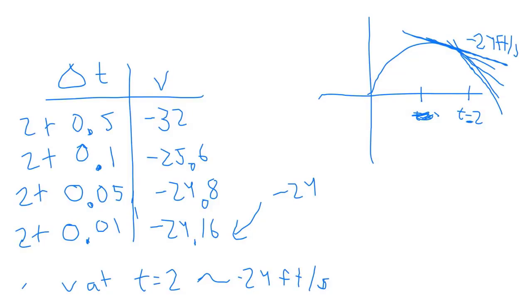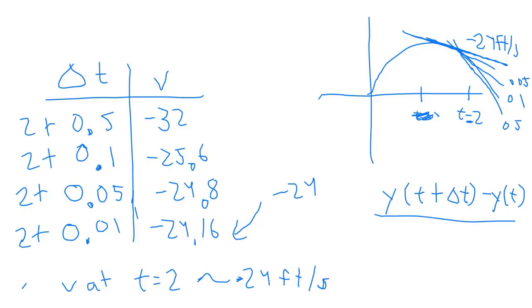The most off one would be the 0.5, then the 0.1, then the 0.05, and so on. Your main idea is doing y of t plus delta t minus y of t, over delta t, if that makes sense.